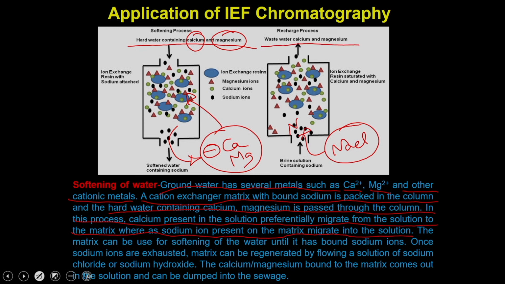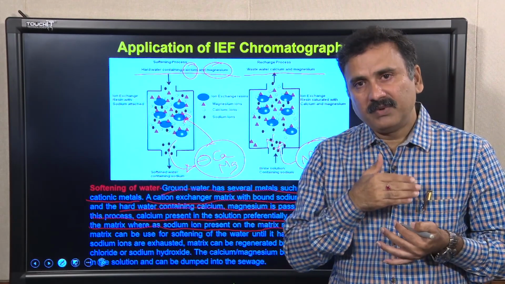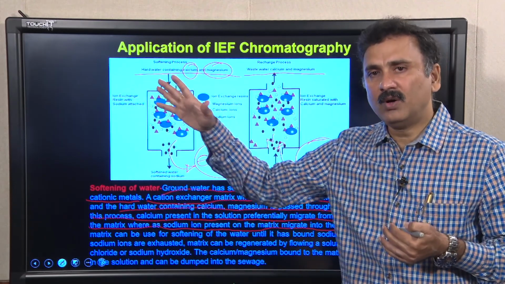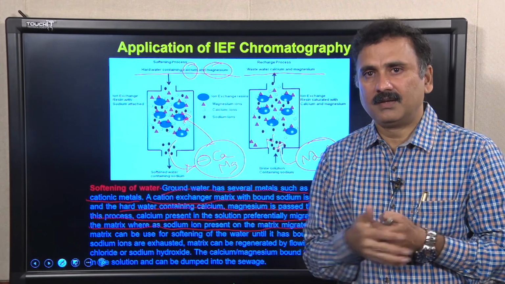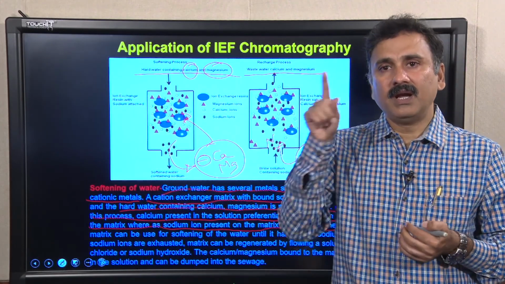Once you flow the NaCl solution, all the calcium and magnesium trapped from the water is displaced from the matrix and comes out, and that can be disposed of in a suitable place. Then this cartridge is again ready to use.